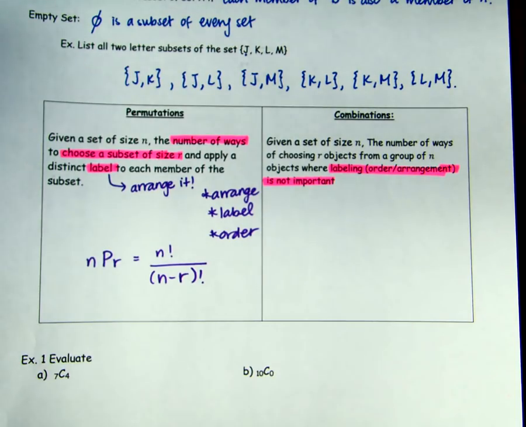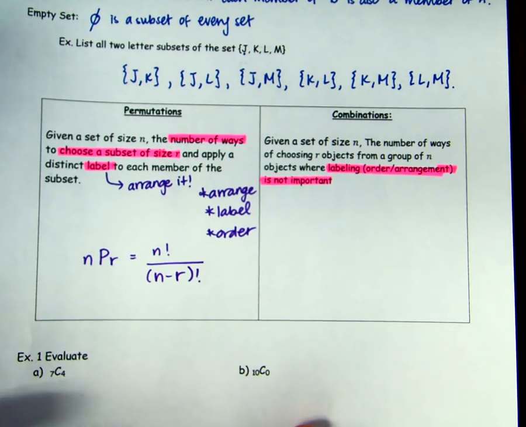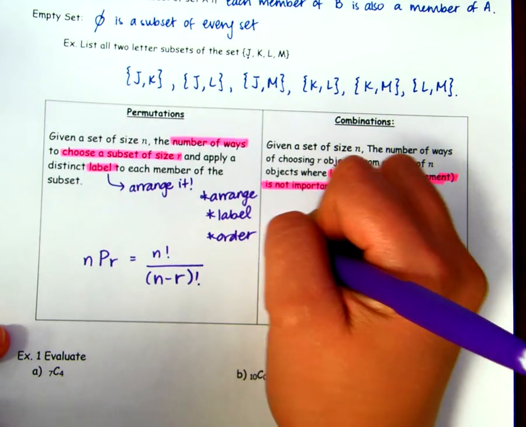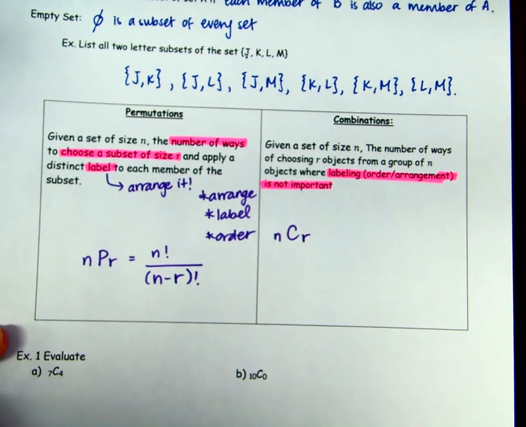In a combination, however, we are no longer worried about the order. So you still have a set or a group of size n, and you're still grouping r objects into groups, but labeling is no longer important. So in this case, we could have something like n choose r.